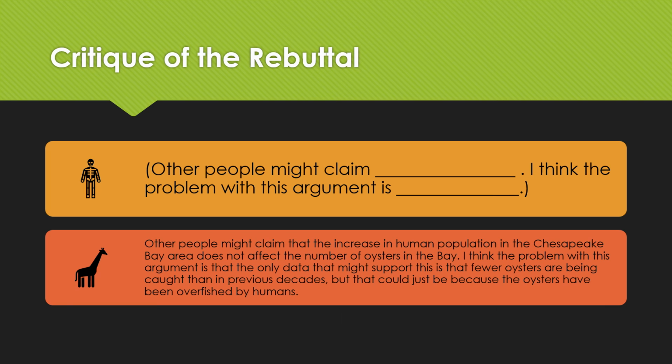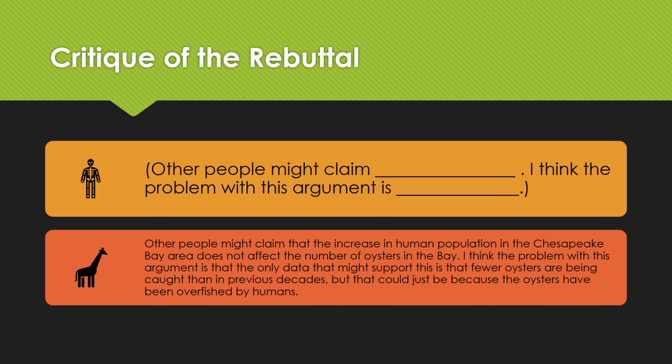The final part for the argument is the critique of the rebuttal, critiquing the claim B. So to do this, we have a sentence structure. We say that after we are done with our claim A, after we are done with our scientific argument, this is our sentence structure.